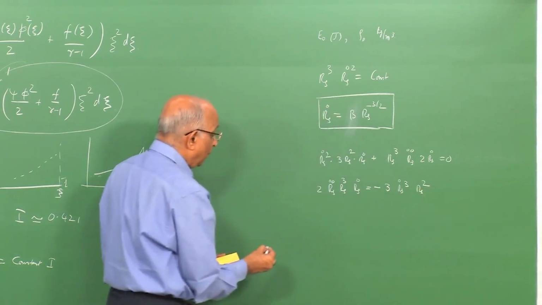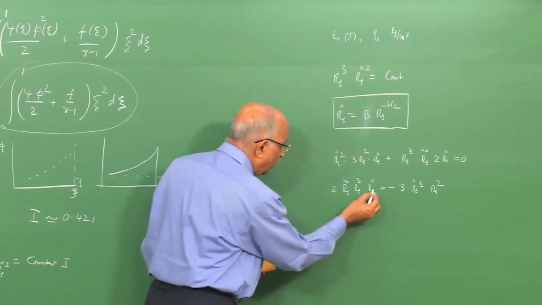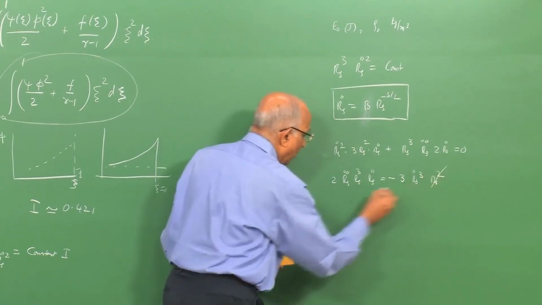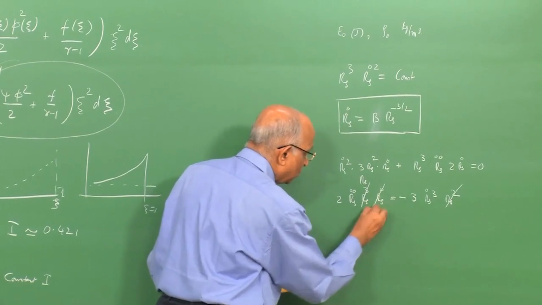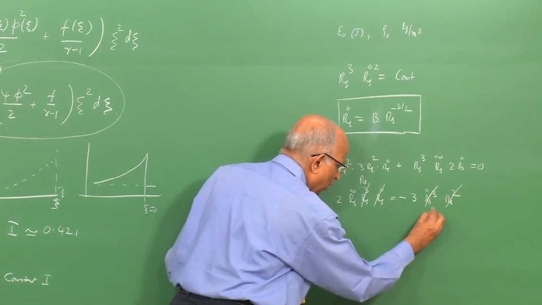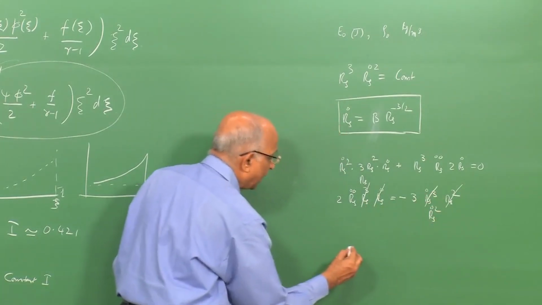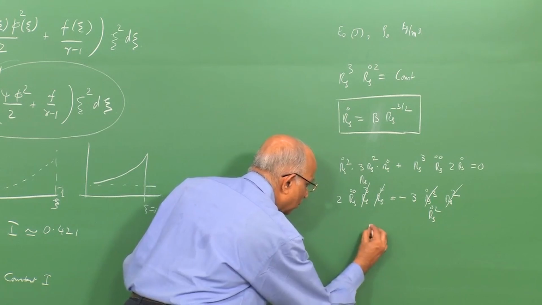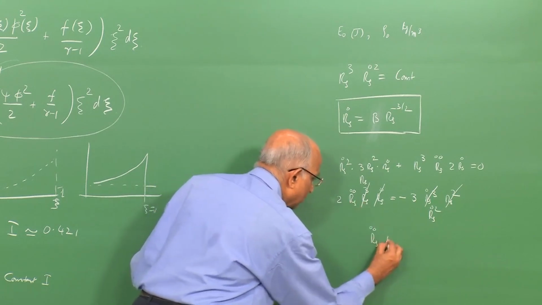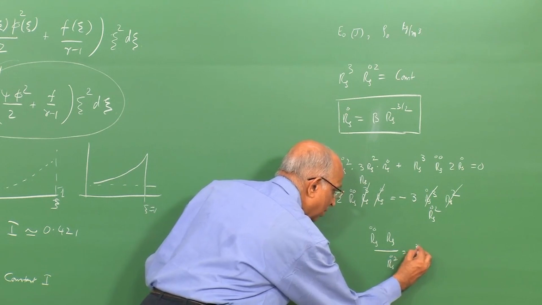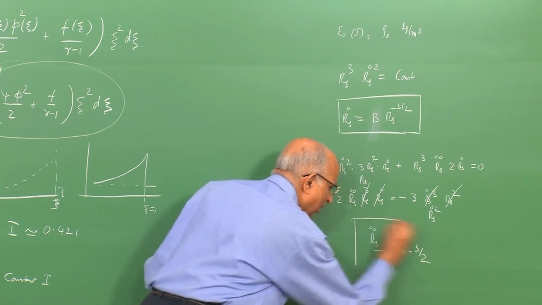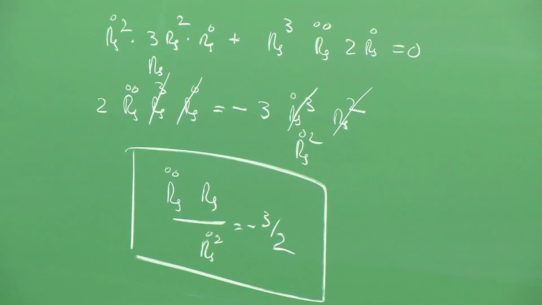If I now take out the common terms, Rs square cancels, gives me Rs, and Rs dot gives me Rs dot square. Therefore, I get Rs double dot into Rs divided by Rs dot square is equal to minus 3 by 2, which was again the result which we had got from the dimensionless analysis.